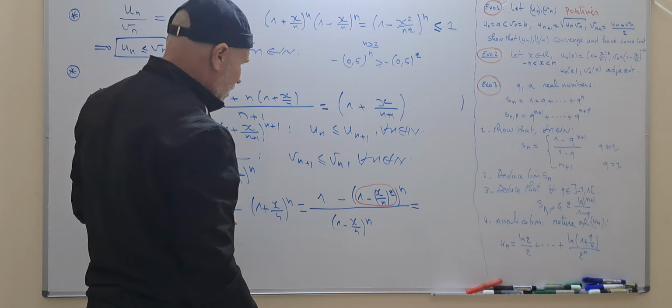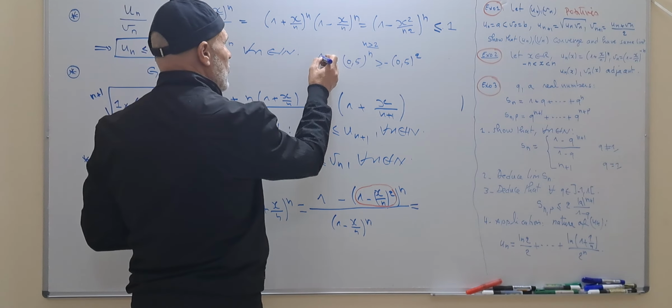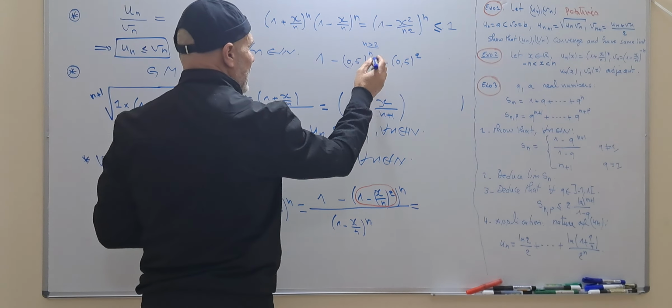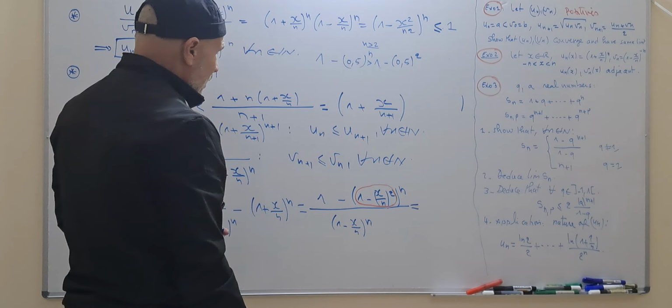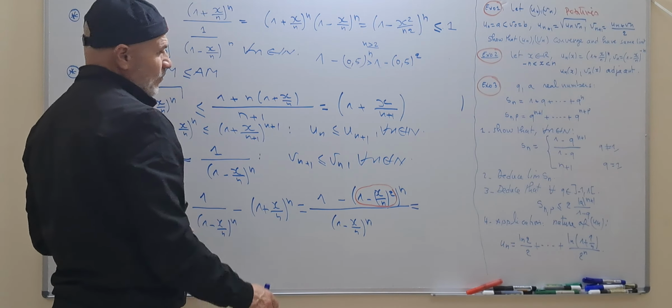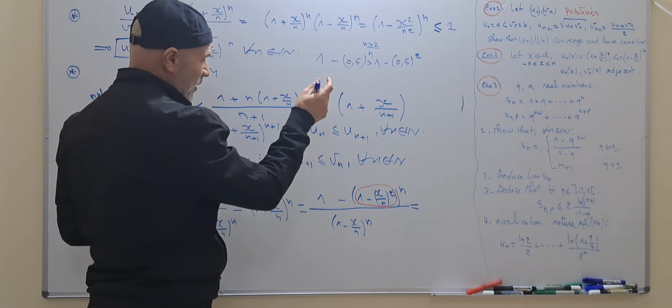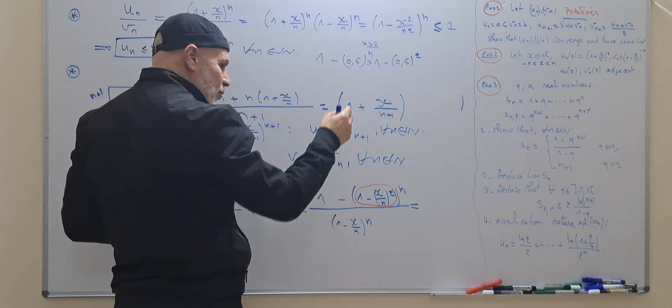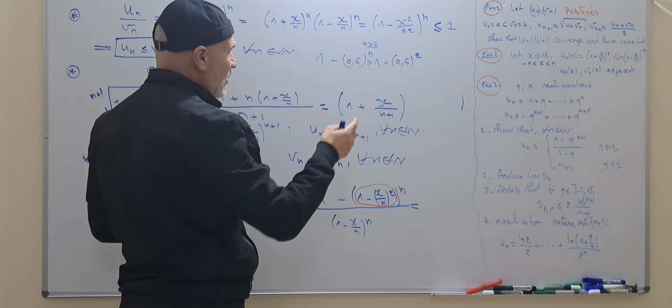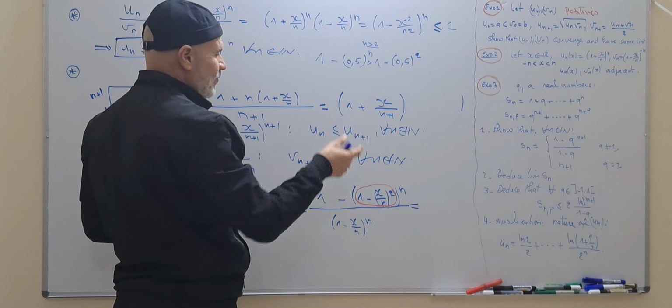If we take 1, it will be greater than 1 minus. So the difference here is the greatest possible for n greater.